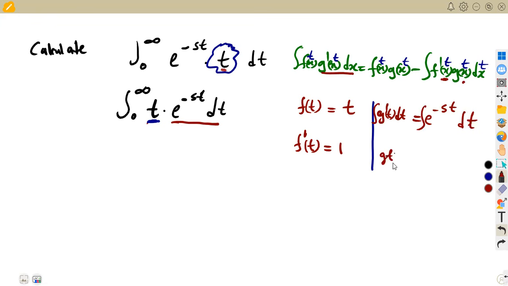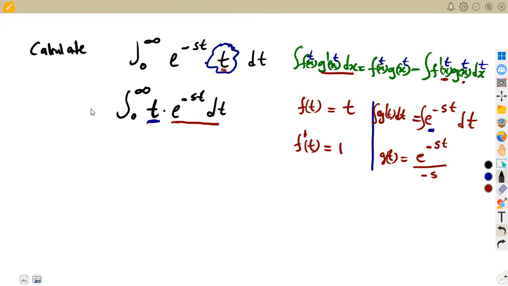Our g of t is going to be the integral of e to the exponent of minus st. Remember, the integral of e remains as it is, e to the exponent of minus st. Then you find the derivative of minus st, which is going to give us minus s. All right, so this is what you're supposed to have, of which you can take the negative up. We shall talk about this.